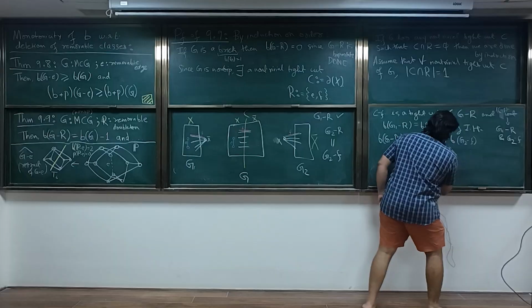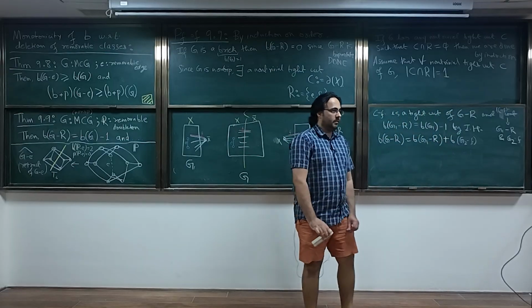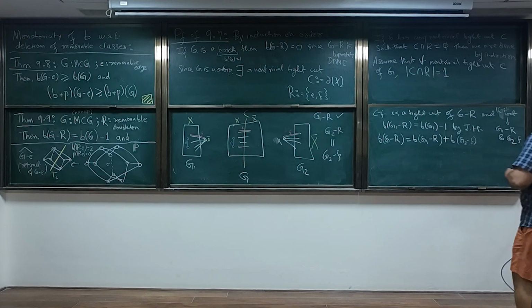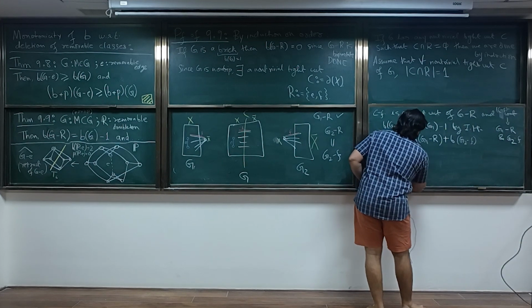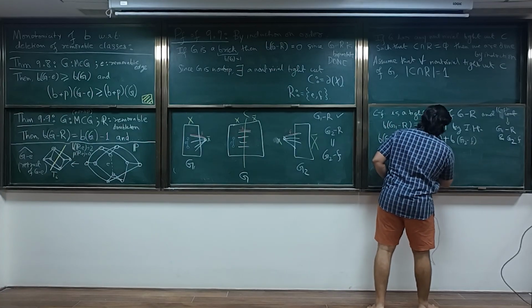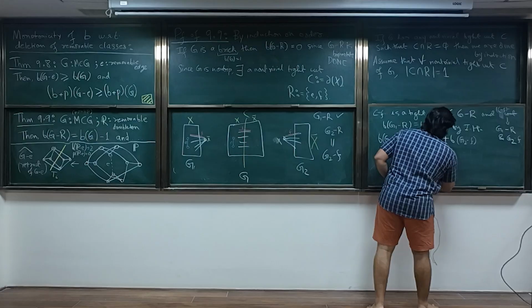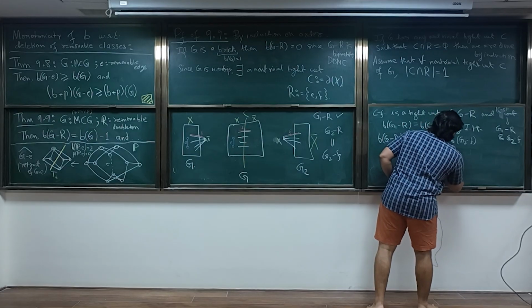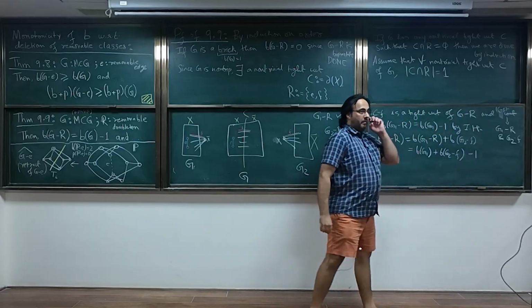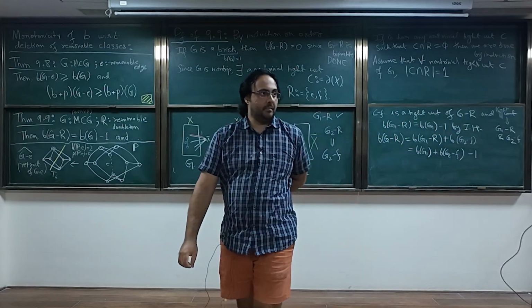This much is fine. G1 minus R also we know is B of G1, so I'll just subtract 1 at the end, plus B of G2 minus F minus 1. All is so far so good.